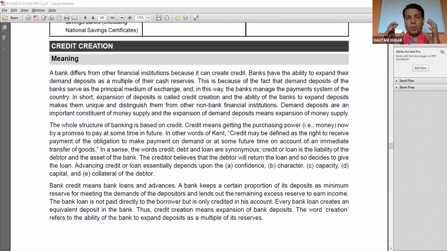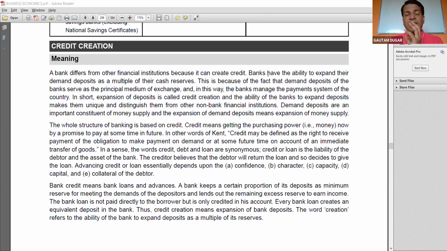So, whatever money a commercial bank gets as deposits, the entire money does not remain idle in the commercial bank. The percentage of the total deposit which has to be maintained as reserve, the CRR or SLR, is dictated by the RBI. The central bank decides what amount is to be kept as reserves.